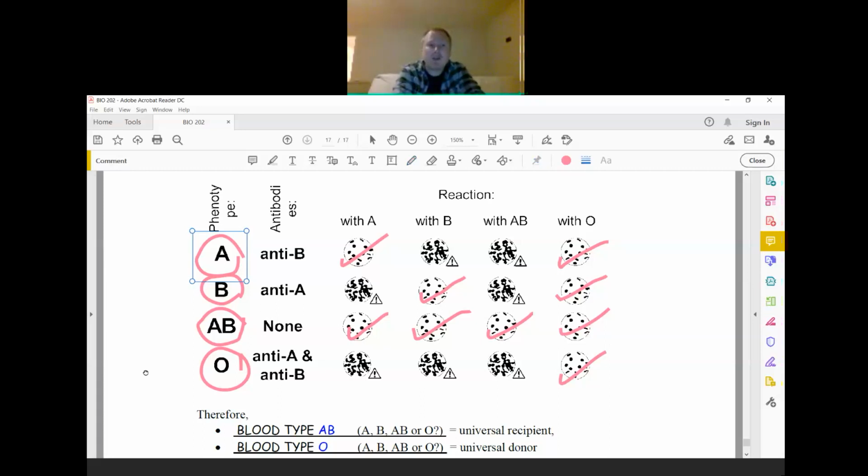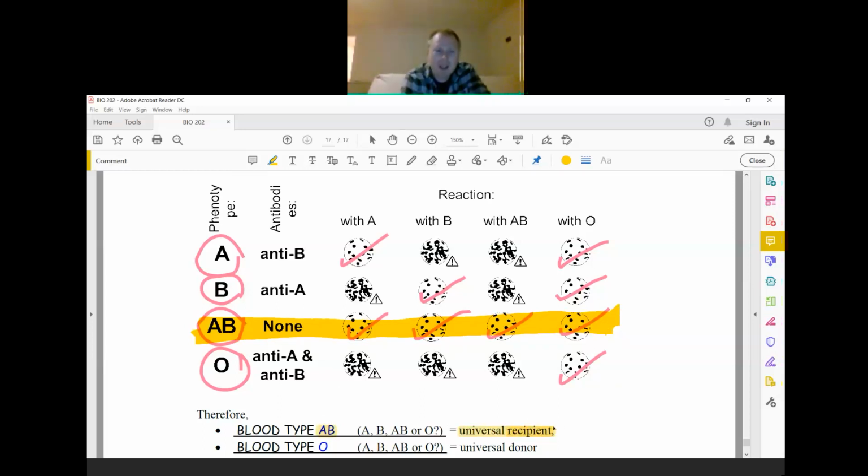The full story of why this is and how this works is in the lecture videos, but what we just looked at helps us know that type AB can receive blood from anyone. So for that reason, blood type AB is known as the universal recipient.